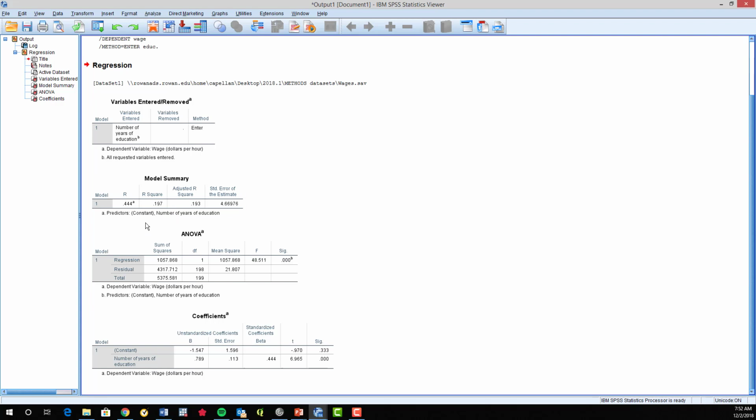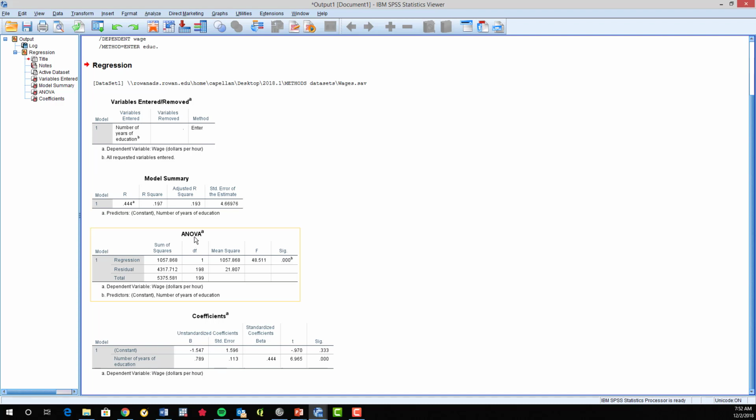In other words, the years of education that a person has explains about 19% of the variation that we observed in wages. 19%, that's quite a bit. Of course, about 80% of the variation remains unexplained.